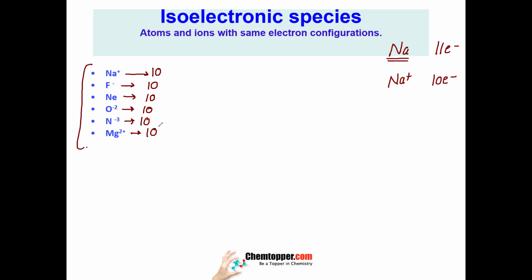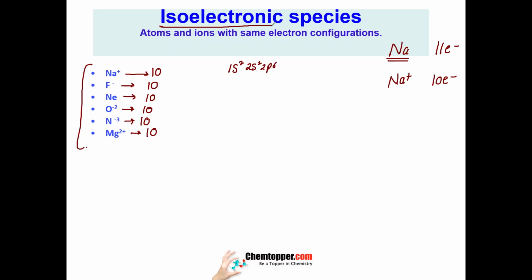Can you give me the electron configuration of these ions? Electron configuration for 10 electrons. Start with 1s. Yes, it's neon. 1s2, 2s2. That will be 1s2, 2s2, 2p6.